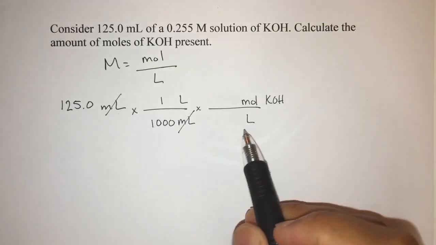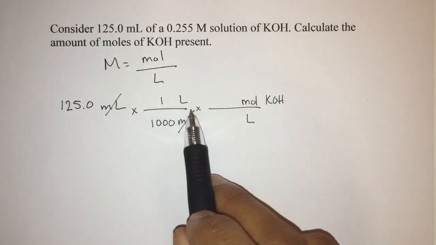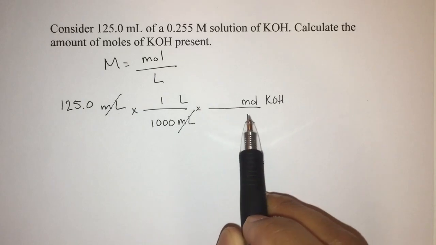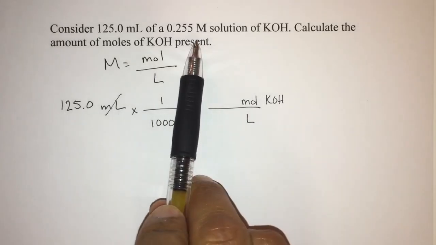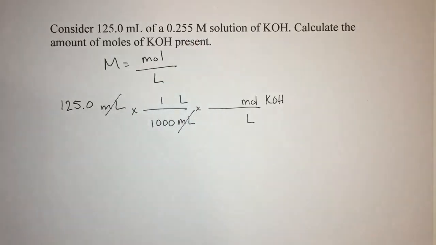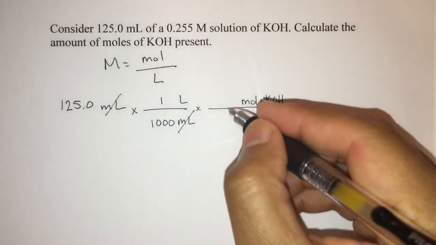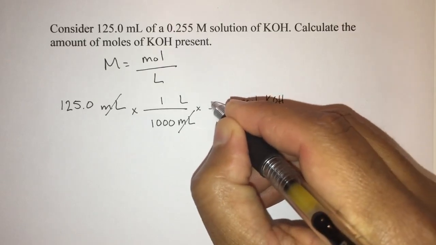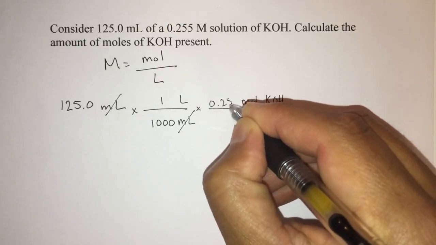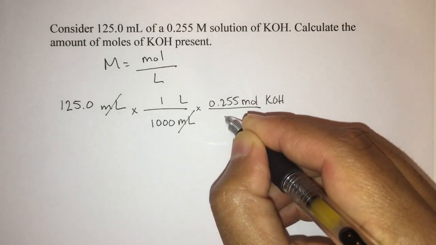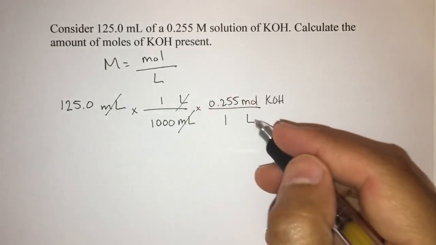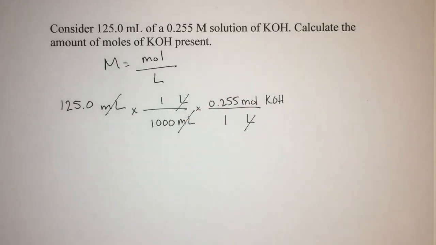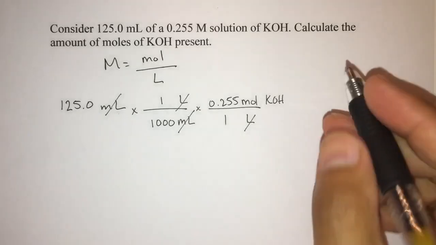Now, notice what we did here. By setting up the units, converting from liters to moles, canceling liters, notice that mole over liter, well, that's the same thing as the molarity, right? So according to the problem, there are 0.255 moles of KOH for every liter, and liters cancel. And so notice we've done it.